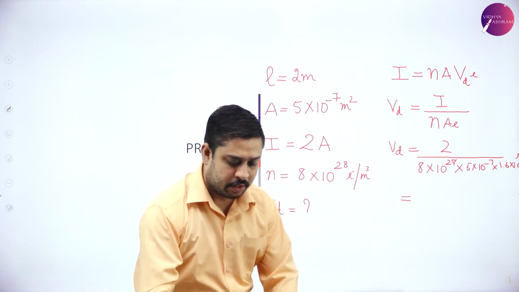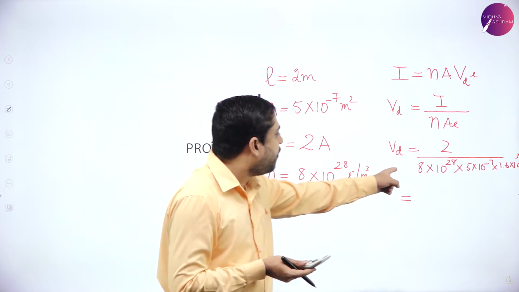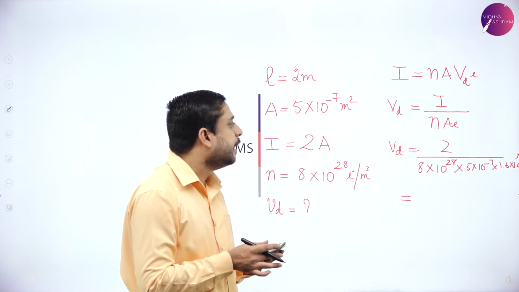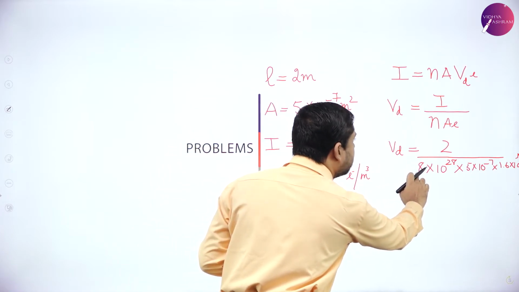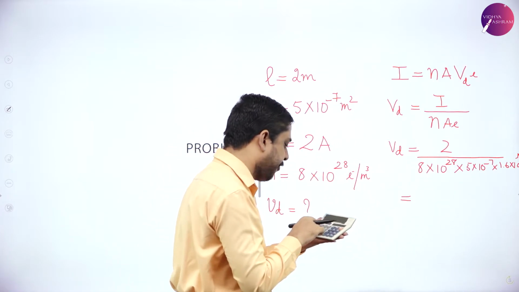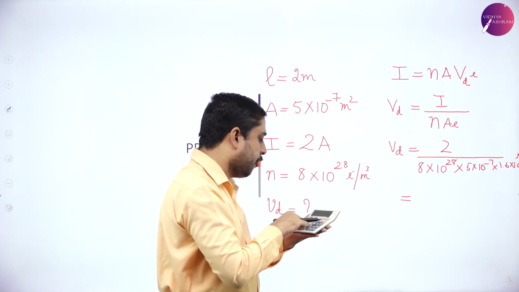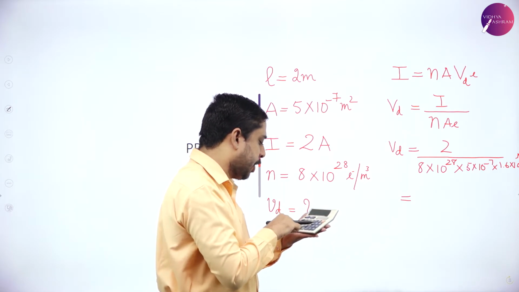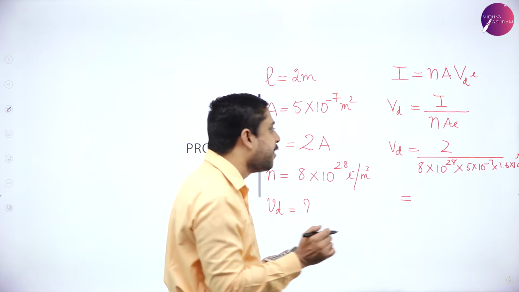So when we solve this, we will first solve the denominator. 8 into 5 into 1.6, which is 64.